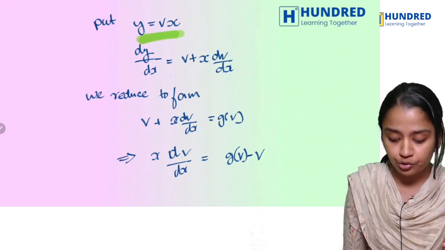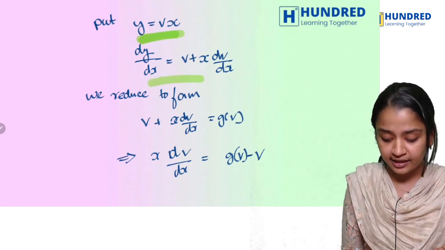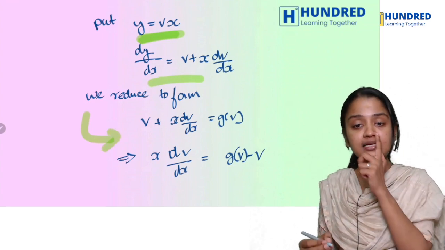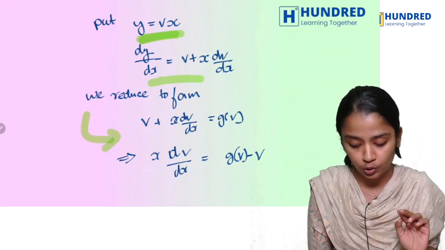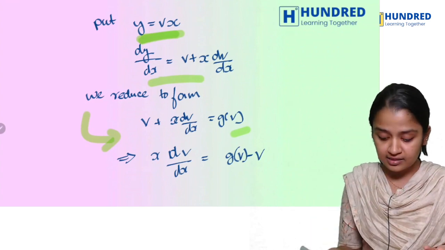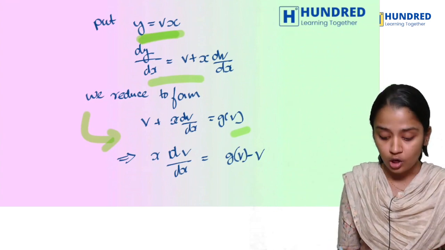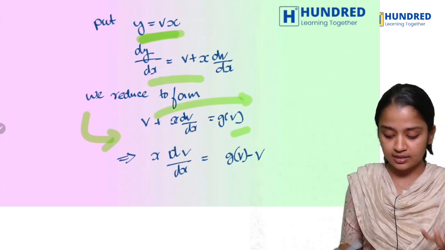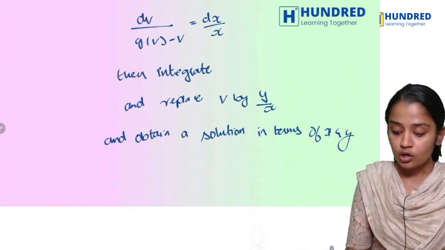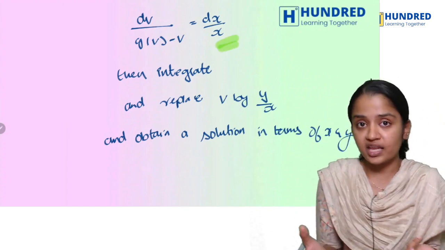Then you reduce it to the form v plus x dv by dx is equal to g of v. Now this is again of the form variable separable. So I take this term to the other side, separate it and integrate it.